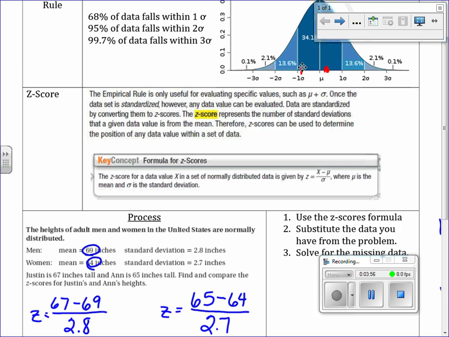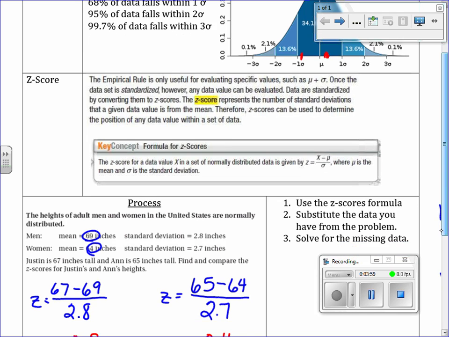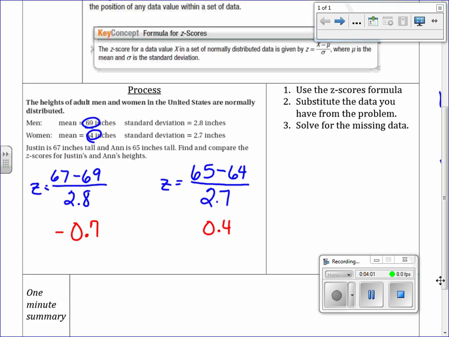Okay, now let me ask you this. What would the Z-score be?